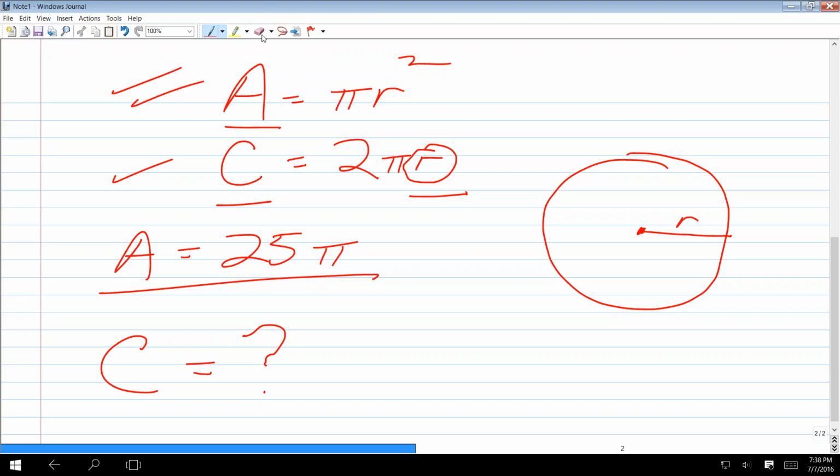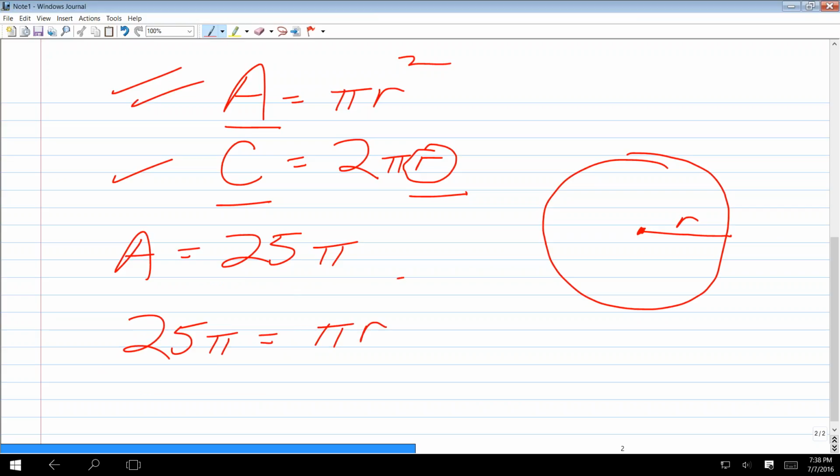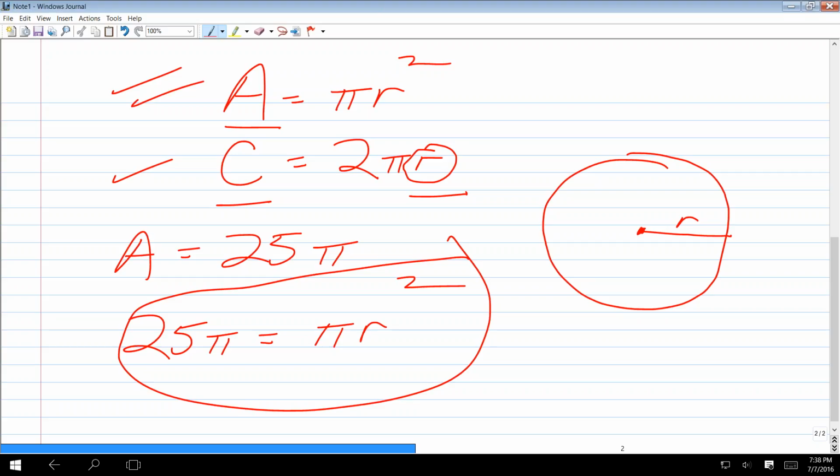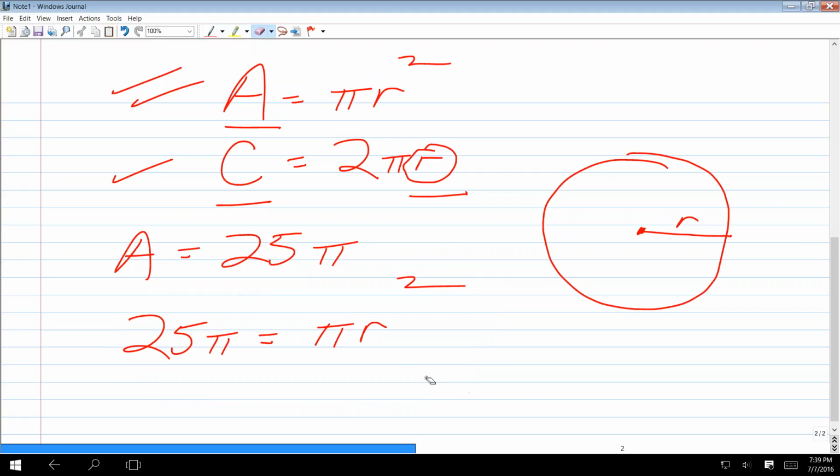Notice what happens here. I know the area is 25 pi, so I say 25 pi equals pi r squared. And then that's just an equation you need to solve. As with most of geometry, you need to come up with equations and then solve the algebraic equation. If I solve this equation, what do I get? The pi's cancel. I can divide both sides by pi.